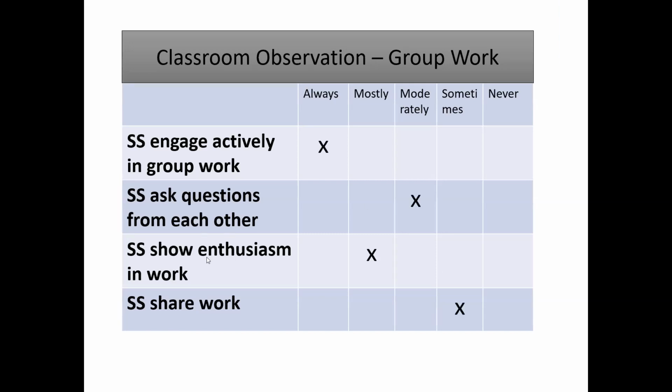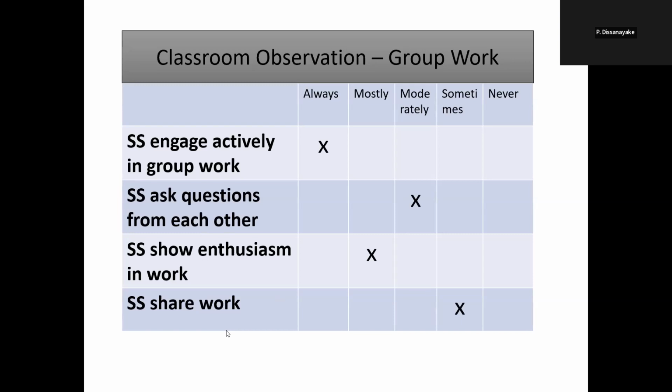So you mark that students engage. Yes, always engage. You judge, you mark. Or maybe you are observing another teacher, or you get another teacher to mark. Whatever. There are different ways to gather information. Students ask questions from each other. Sometimes, yes, but moderately, I will mark.